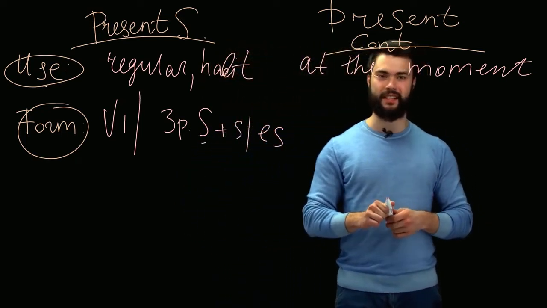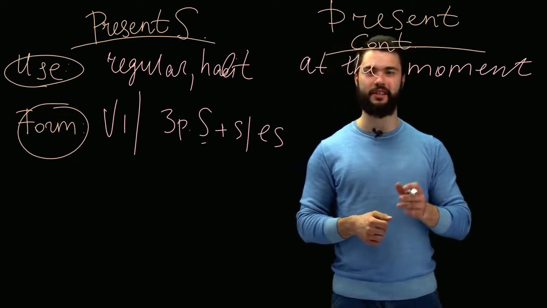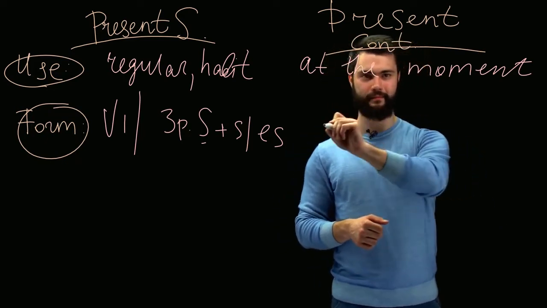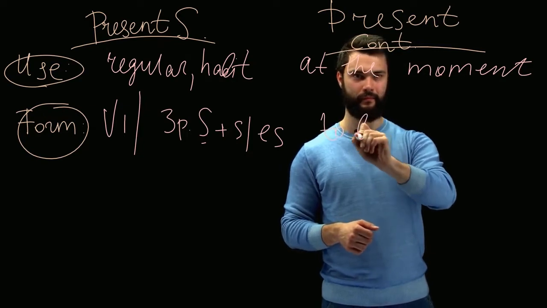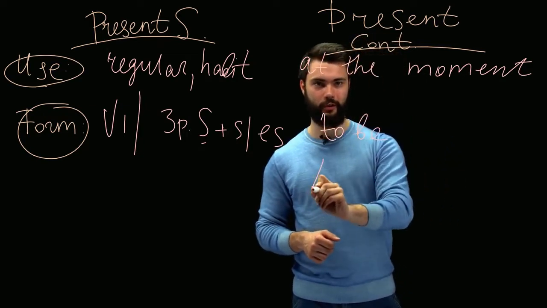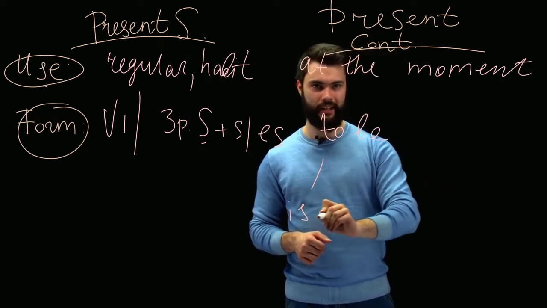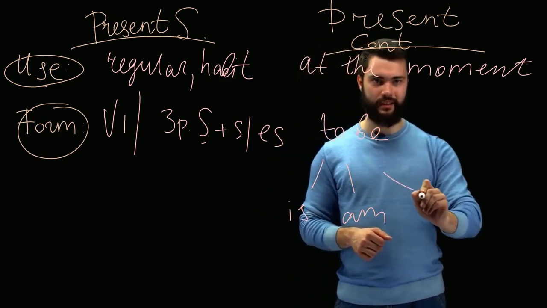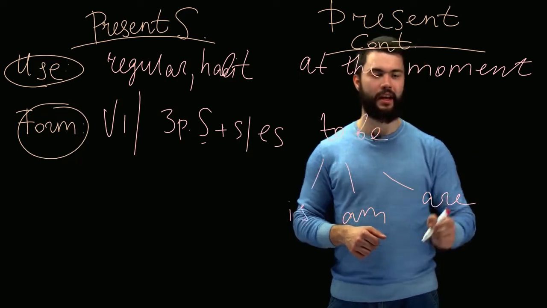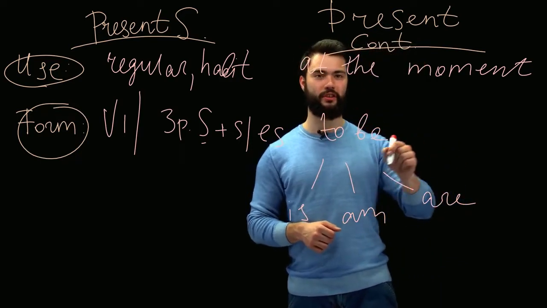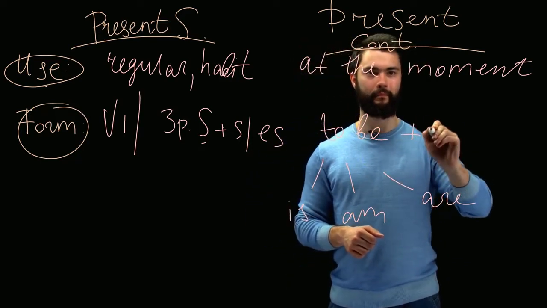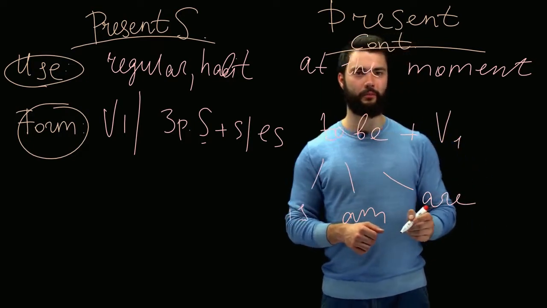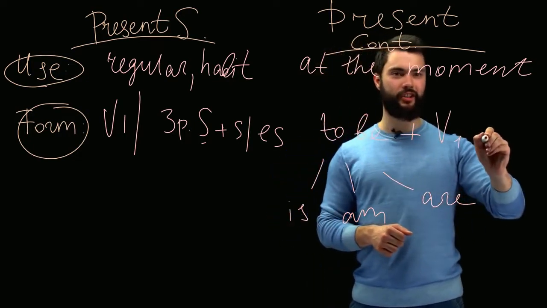The present continuous tense is formed with the help of the auxiliary verb to be. Its forms are is, am, and are, and also we should use the verb from the second column with the ing.